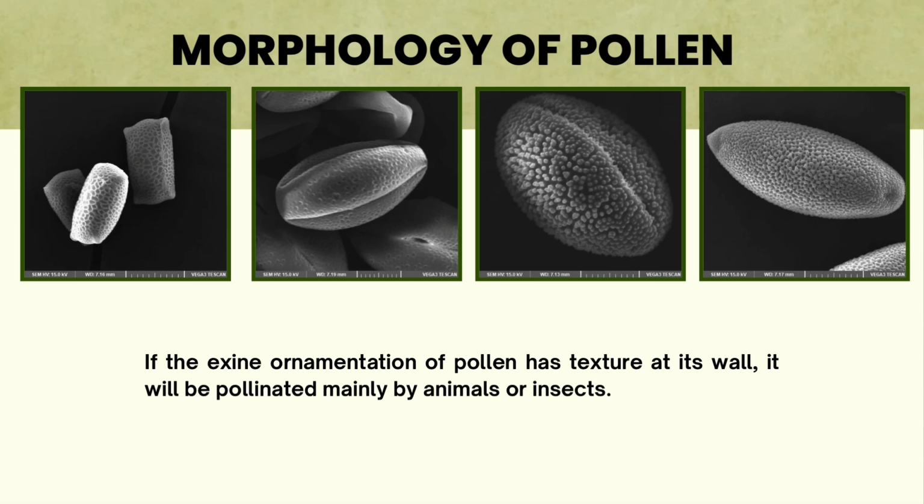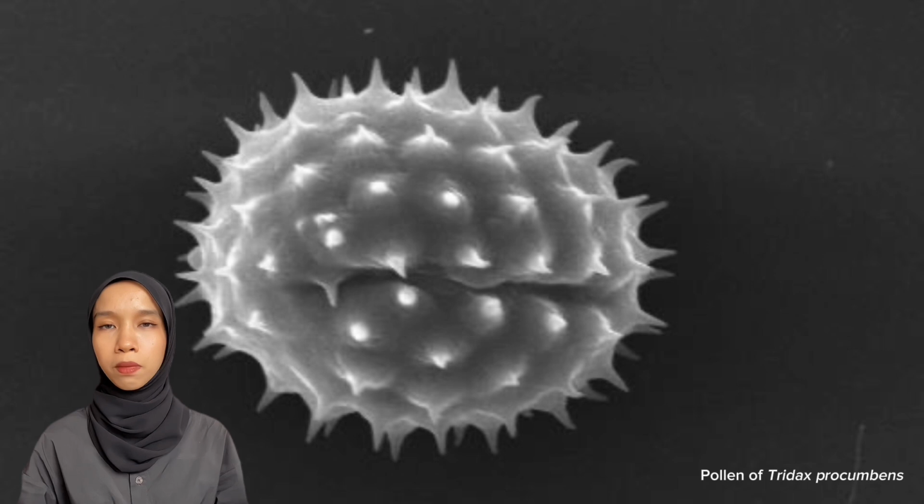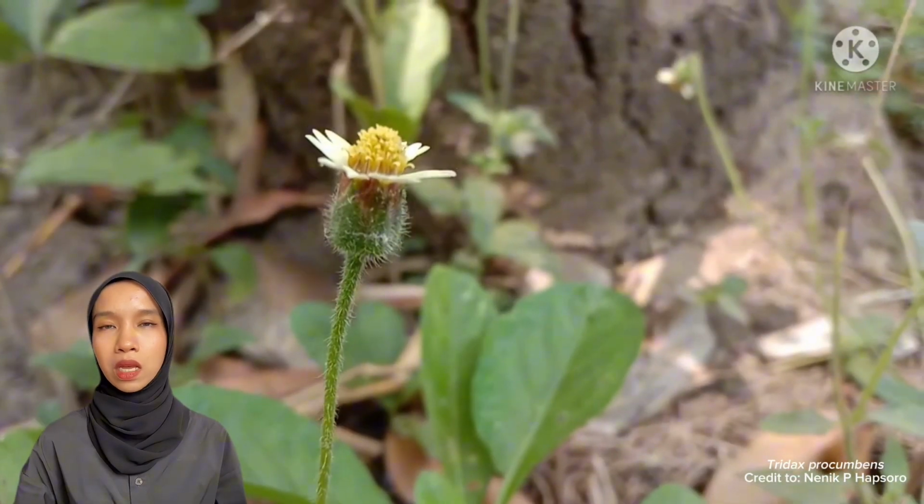Next, the most exciting fact about pollen is the pollen wall. If the exine ornamentation of pollen has texture at its wall, it will be pollinated mainly by animals or insects. The pollen of Tridens procumbens has pinnate short and long spines contributing to its distinct morphological traits within the Asteraceae family.